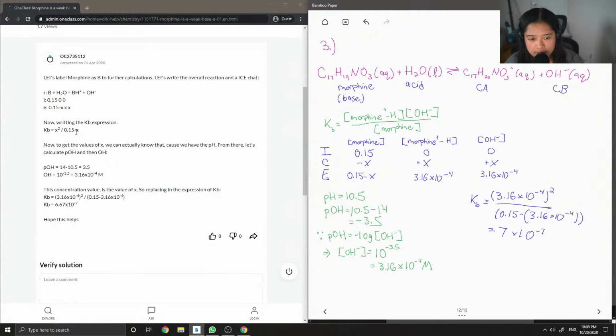They have their Kb expression. Oh, I know I was right the first time. So yeah, pOH is 14 minus 10.5.